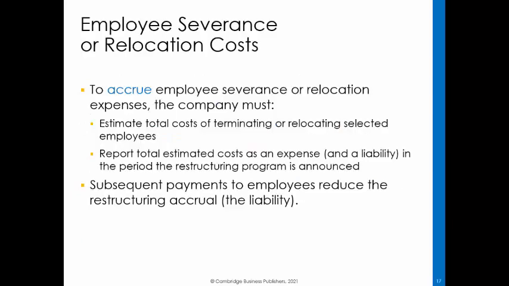The first part, employee severance or relocation costs, represents accrued or estimated costs to terminate or relocate employees as part of a restructuring program. To accrue these expenses, the company must first estimate total cost of terminating or relocating selected employees. These costs might include severance pay, outplacement costs, and relocation or retraining costs for remaining employees.